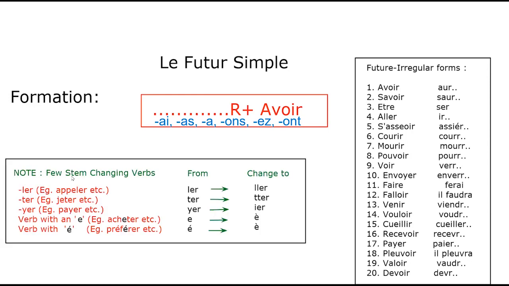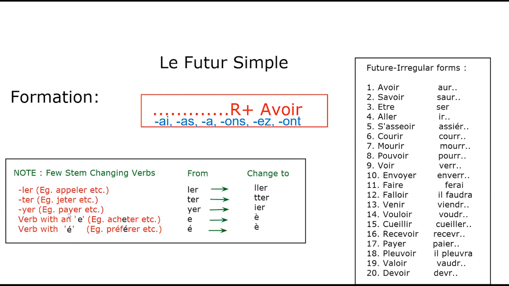Now let's talk about few stem changing verbs. Verbs which end with ler, for example, appeler, we write ler as double L then er in the stem. Ter ending verbs, for example, jeter, will be written with double T er in the stem.